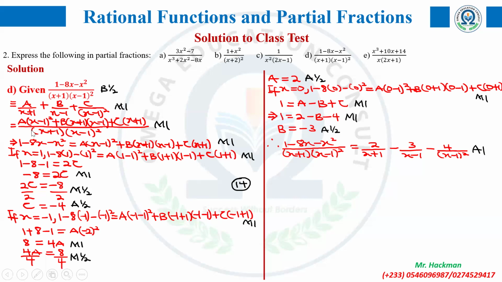So x plus 1 will go into your LCM, x minus 1 squared, times A. Then x minus 1 will go into your LCM, giving x plus 1, x minus 1 times your B. Then your x minus 1 squared will go into your LCM, leaving x plus 1 times C. At this point, denominators are the same, so equate the numerators.